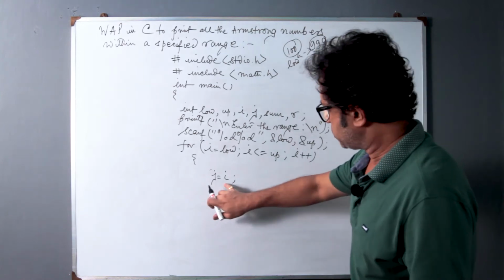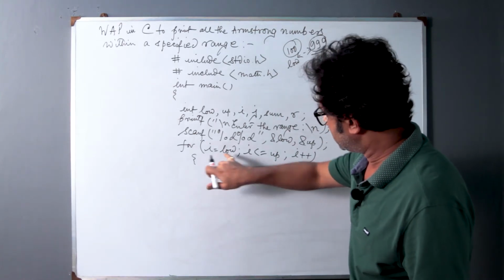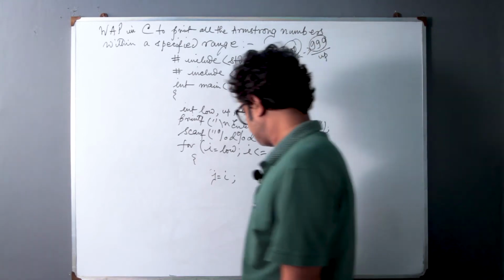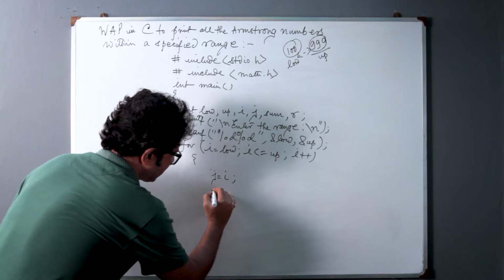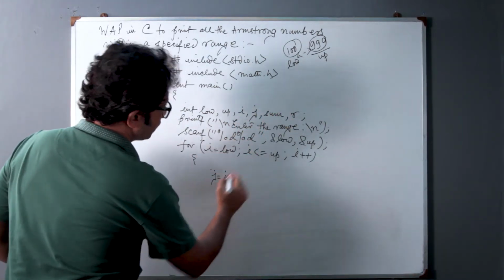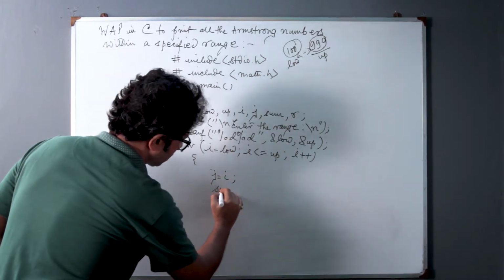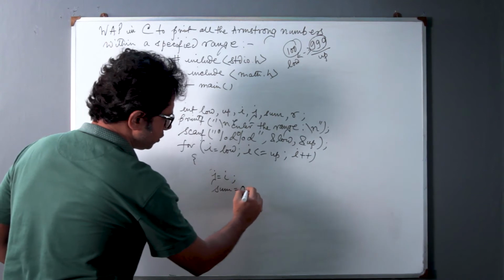Then j equals i, so this j will now be checked whether it is an Armstrong number. We have to determine the sum, so sum is to be initialized to 0.